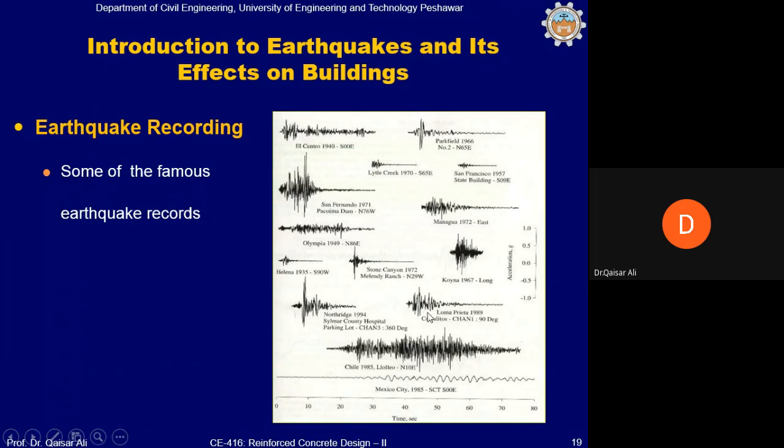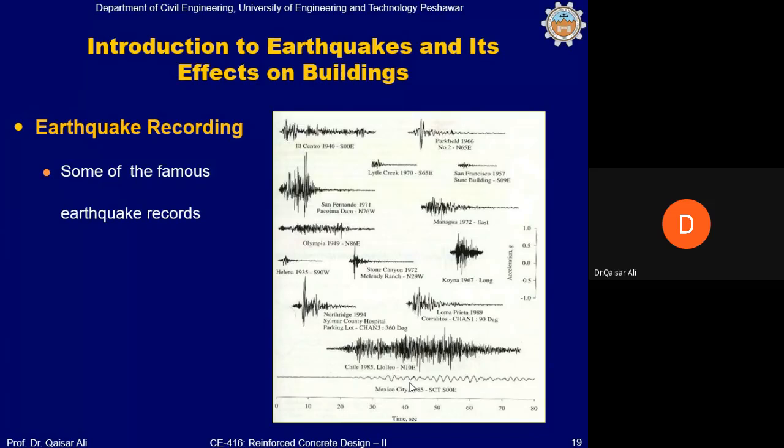There is only one record at the bottom of this page, the Mexico City 1985 earthquake, where the frequency is very, very low. You can see here in all other cases, the frequencies are very, very high. But in this case, the frequency is very low. So this is a very unusual record, because this record was obtained from around 350 kilometers away from the epicenter.